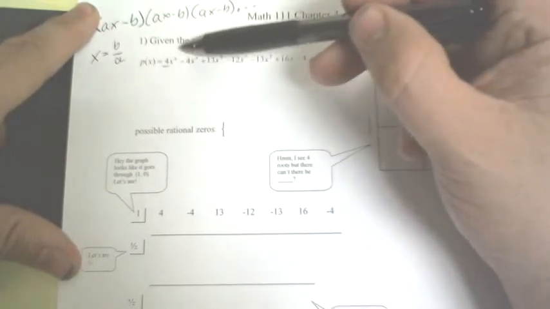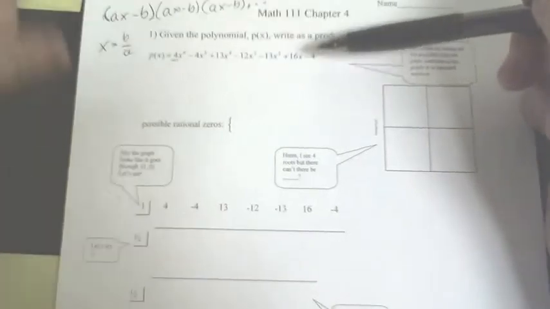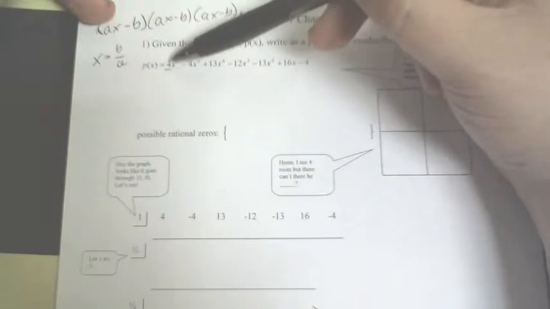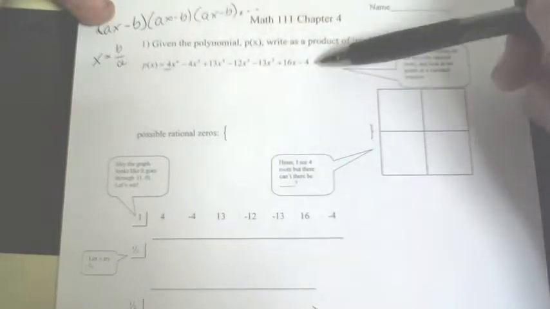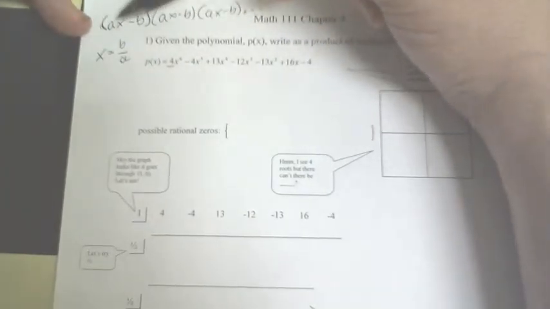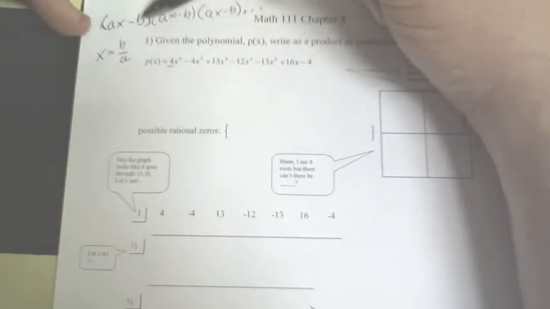But the 4x to the 6th, the lead term, and the -4 are really isolated because they are built from only the ax's, which make the 4x to the 6th, and only the b's, which make the -4 at the end. So that's actually very handy. A factor like ax minus b, if you set that equal to 0 and solve, that root, that zero of the polynomial, has to be of the form b over a.